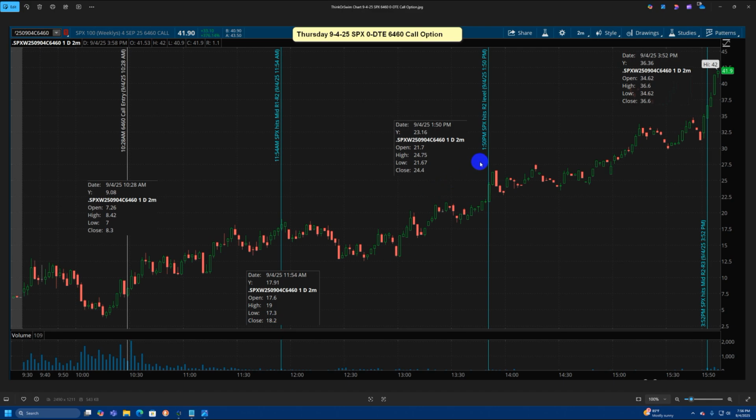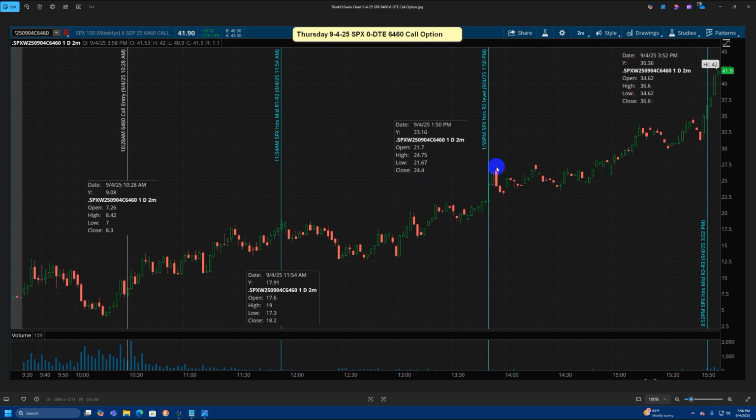And here's where you'd be exiting all of your contracts if you're trading 1, 2, or 3 contracts, or you would have the option of getting out of 75 to 90% of them and leaving runners if you're trading 4 or more contracts. And that is at 1:50 p.m. when it hits the R2 level, and now we've moved up a full 2 levels from our entry. As you can see here, the close of this candle is 24.40.